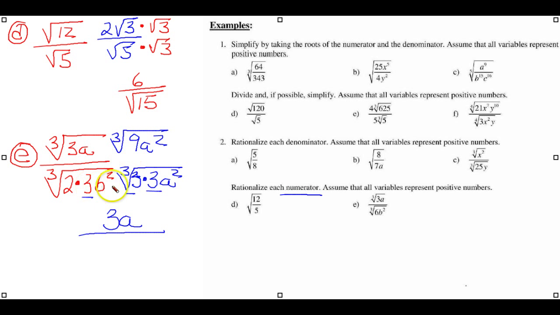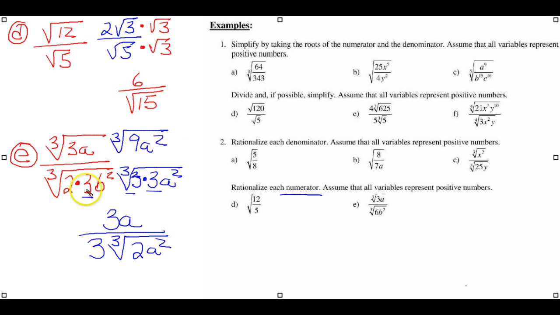But now, what do we have left in the bottom? Well, we're going to take out this 27 here. Cube root of that 27 is 3. And then we're left with a radical, the 2, and the a squared. So again, this is a little tricky. I left the 9 up there because 3 times 9 is 27.